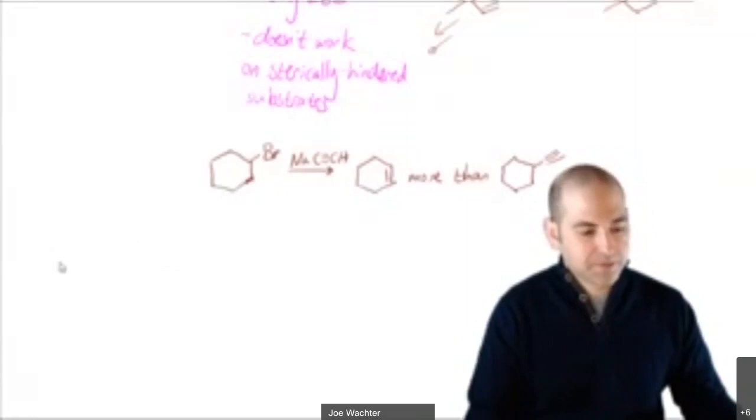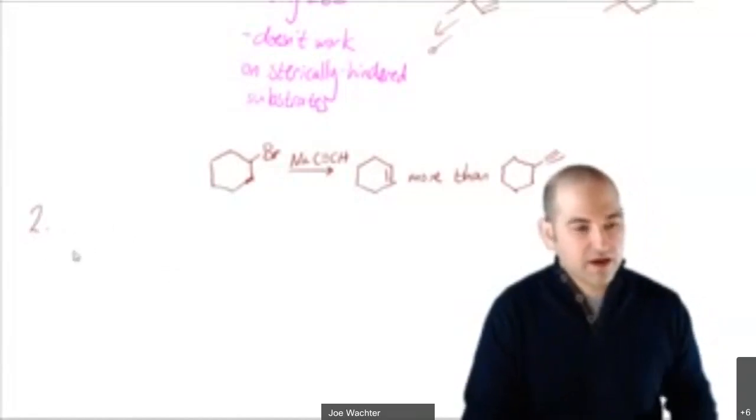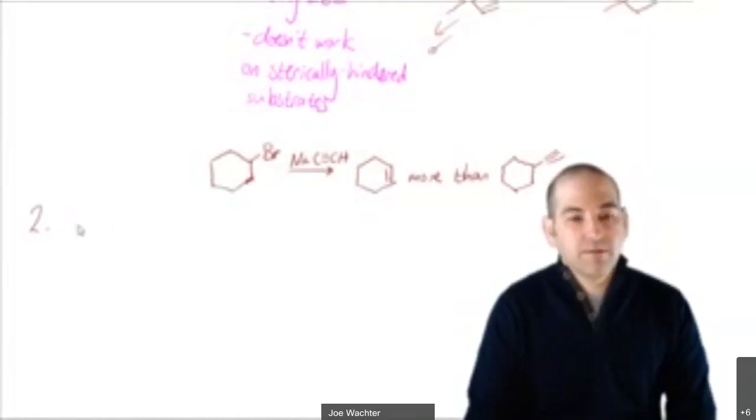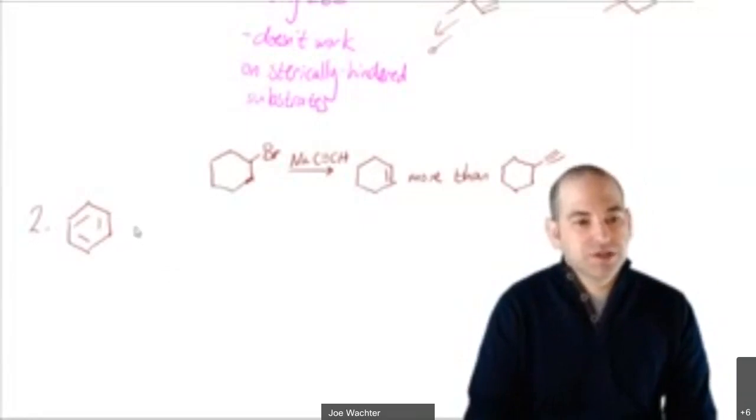All right. Let's look then at a second way of adding carbon-carbon bonds, which is on aromatic rings. So if we're looking at connecting things to benzene, we have basically two choices. We have Friedel-Crafts acylation and Friedel-Crafts alkylation.